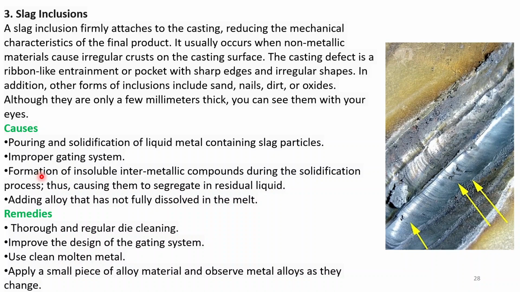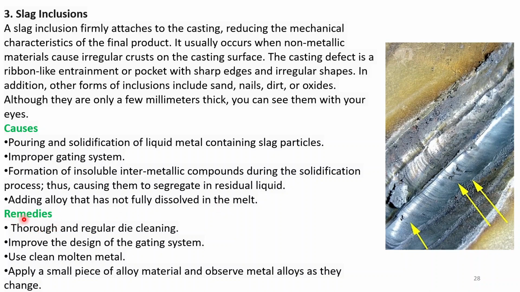And formation of insoluble intermetallic compounds during the solidification process, thus causing them to segregate in residual liquid. So the liquid that will solidify last might have a higher quantity of these intermetallic compounds. Adding alloy that has not fully dissolved in the melt.